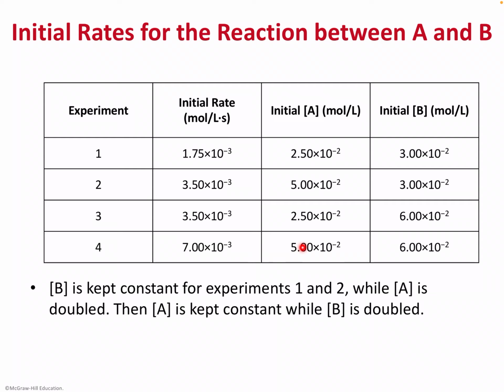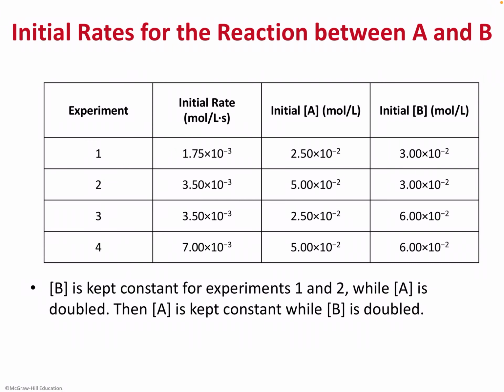If you compare 2 and 3, the concentration of A is constant, that's correct, and you double the B from 2. Now let's see with these data how we can find out the orders of the reaction. The concentration of B is kept constant for experiments 1 and 2 while A is doubled, and then A is kept constant while B is doubled. Right? We saw that too.